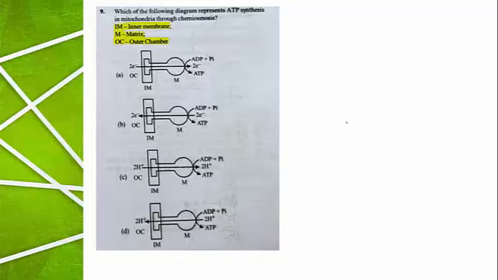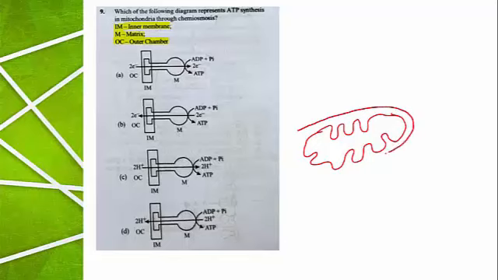Here is the mitochondria. This is the inner membrane of the mitochondria. It is a highly folded structure, and foldings of the inner membrane are called cristae, and this one is the outer membrane. This is the outer membrane, this is the inner membrane, and this space is called the intermembrane space.